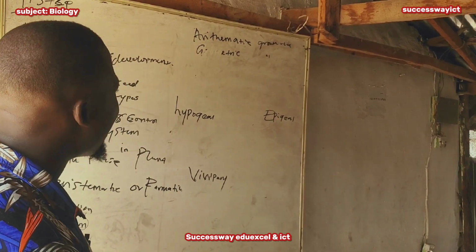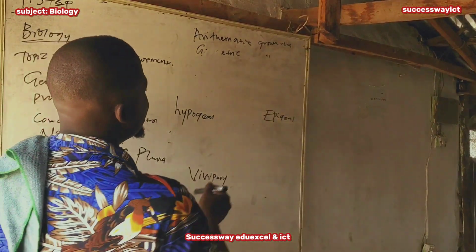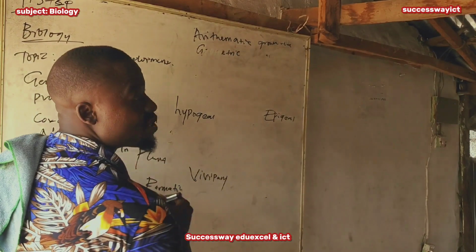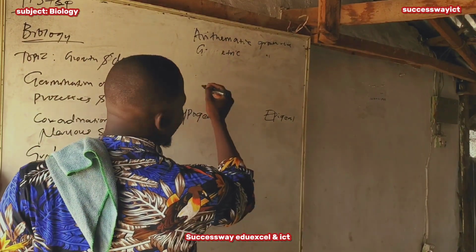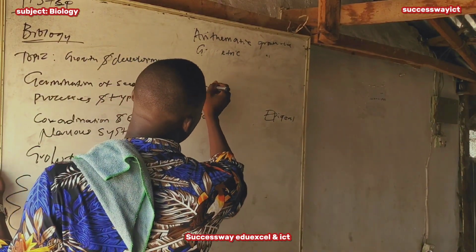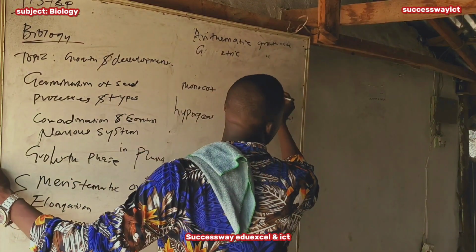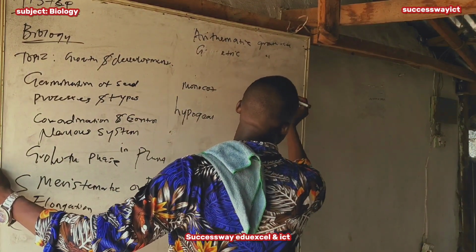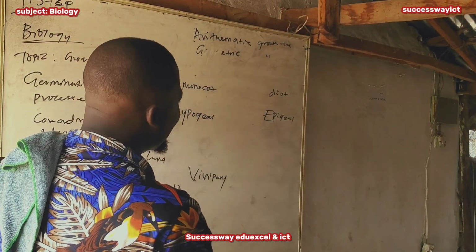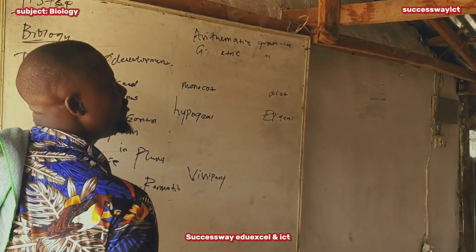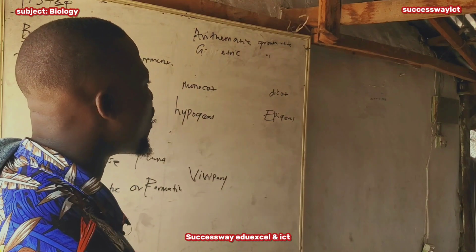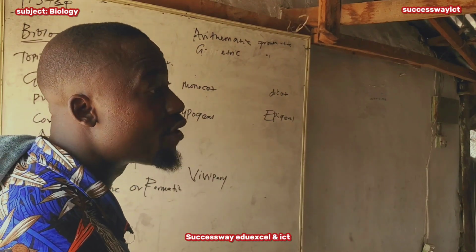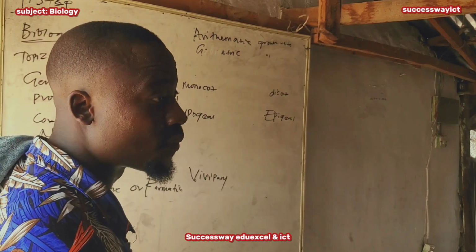So who can tell me how hypogeal germination usually takes place in what plants? Monocots. And epigeal happens mostly in what? Dicots. Are we together? Now, the vivipary mostly occurs in mangrove plants.